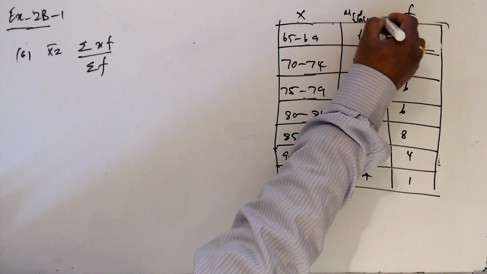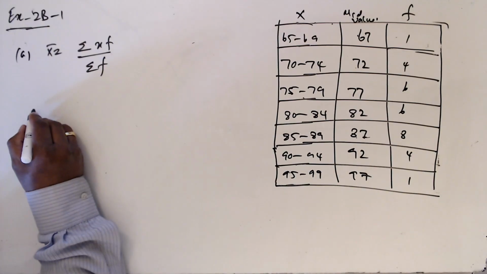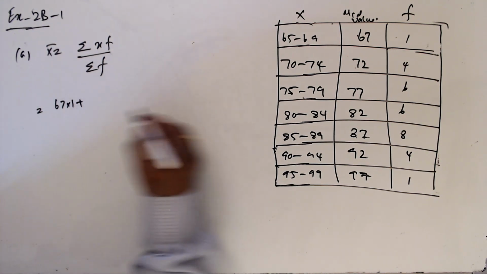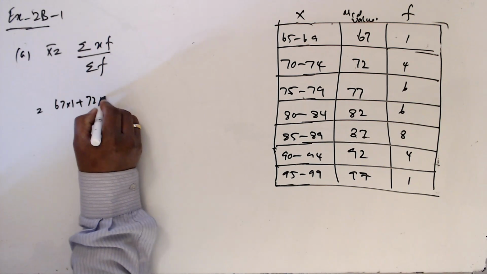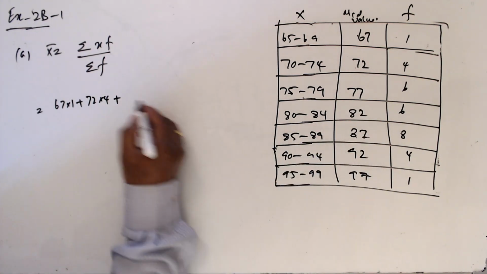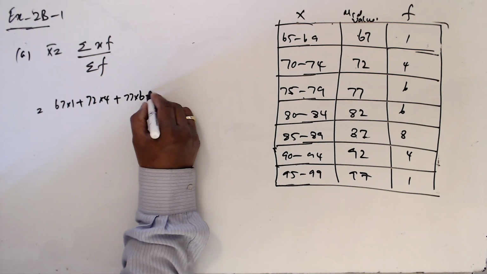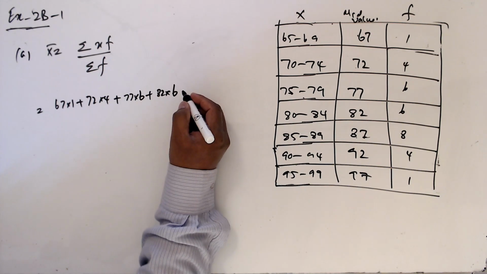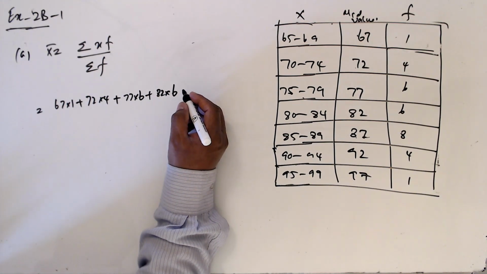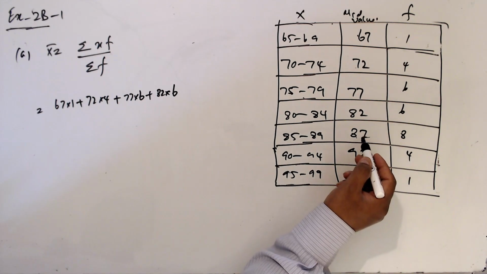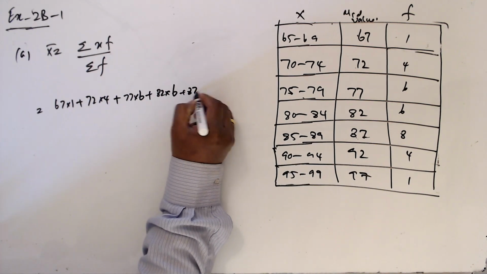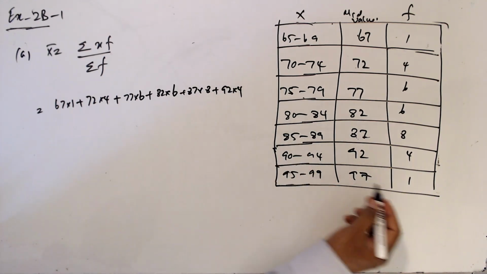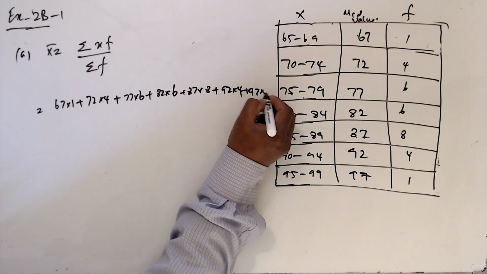Then we have to multiply 67 times 1, 72 4 times, and 77 decibels in 6 locations, 82 decibels in again 6 locations, and 87 decibels in 8 locations, 92 decibels in 4 locations and 97 decibels in 1 location.